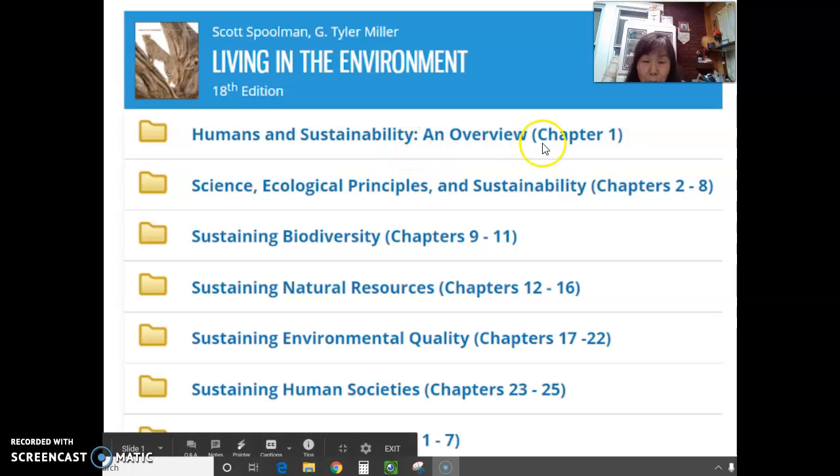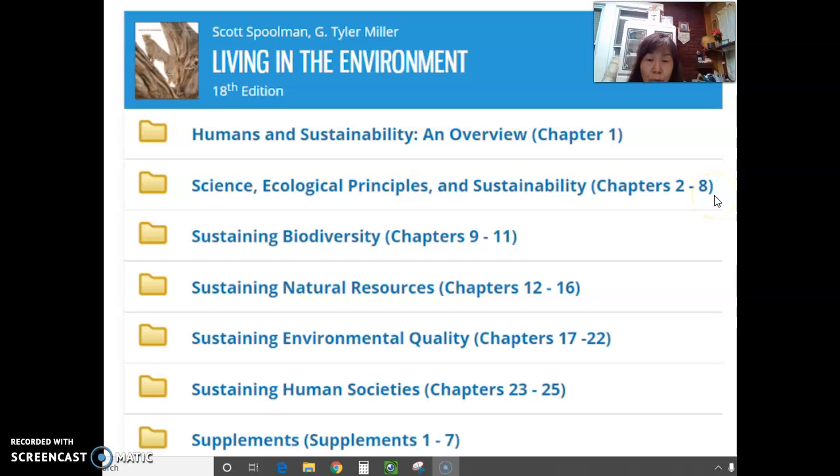We will start with chapter 1, and then chapters 2 to 8 are the overall scientific basis, foundations of various topics. Chapters 9 to 22 are very detailed, and we go in depth about biology, natural resources, and the human side, basically how we cause problems in the environment. And the last section is how social science and human policy can impact this environment.